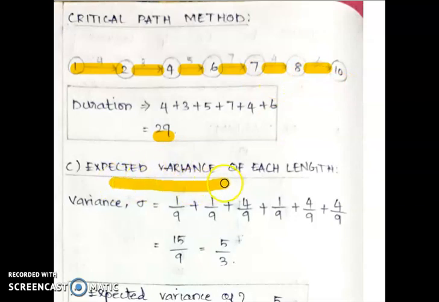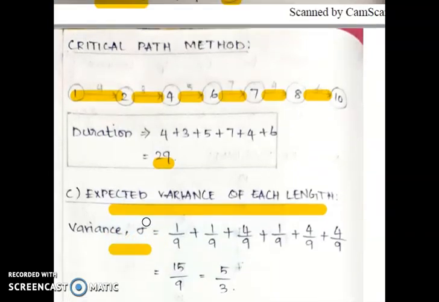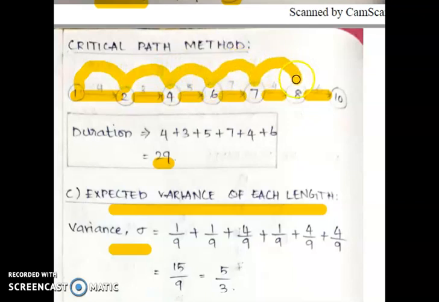Expected variance of each length: we already know the variance value, and the critical path values will be considered as the variance of the length.